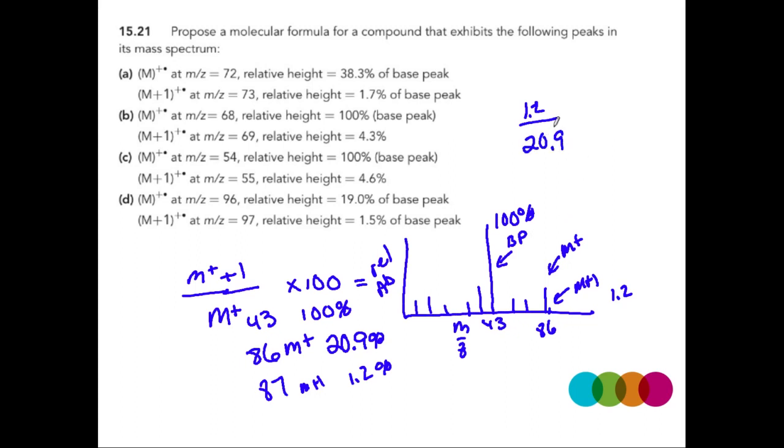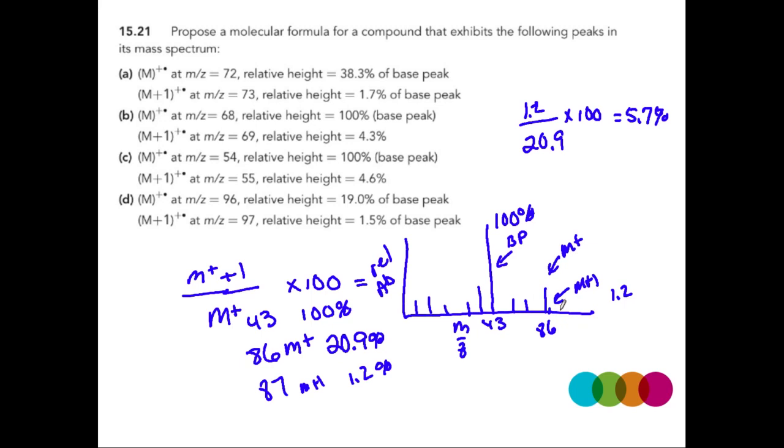So I take the relative heights of the M+ and the M+1 peak, divide the M+1 peak by the M+ peak, and multiply that times 100. That gives me 5.7%. That means my M+1 peak is 5.7% as tall as my molecular ion peak.